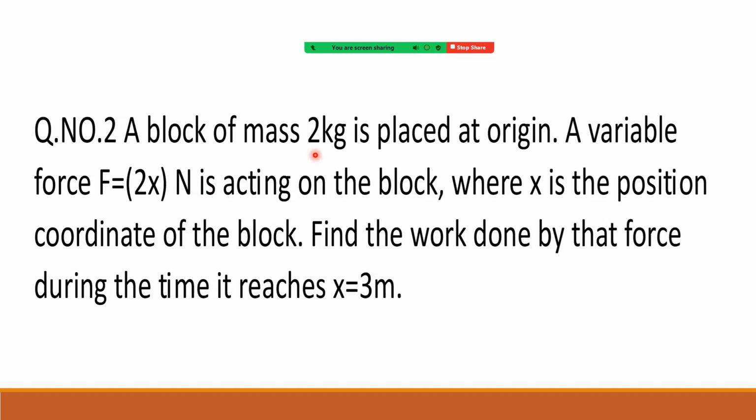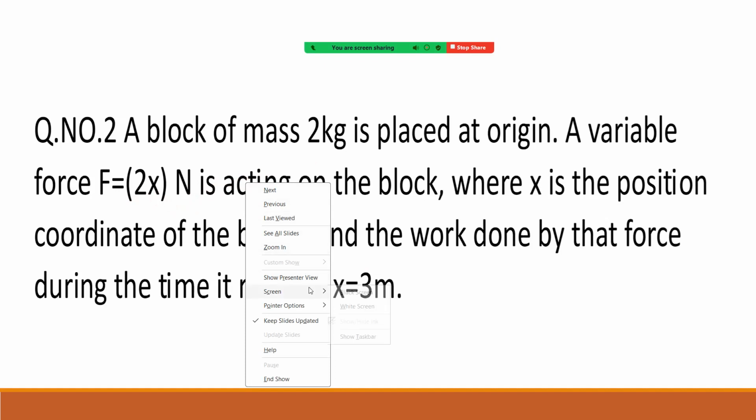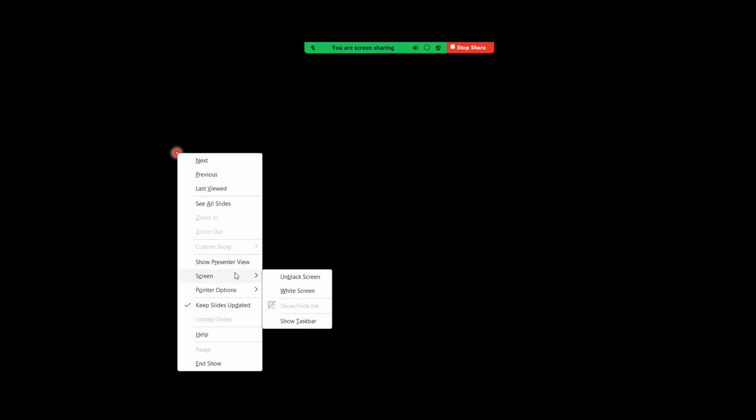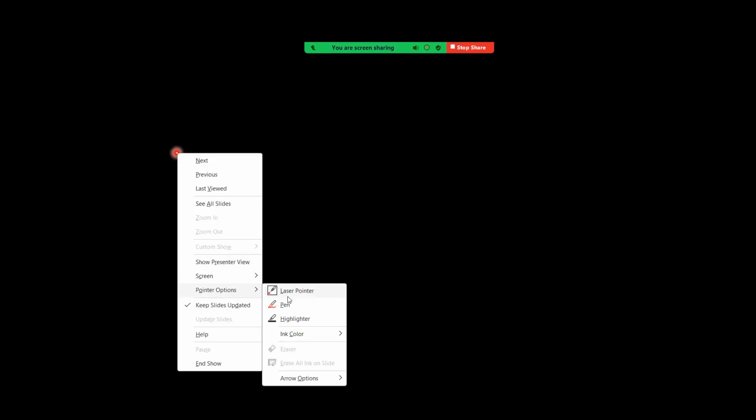Initially the block was at the origin. Force given is 2x. First of all, let us write down the given data. Given there is a block at x equal to 0, means origin.